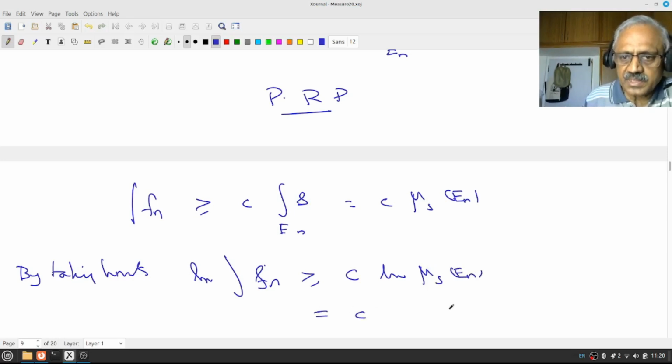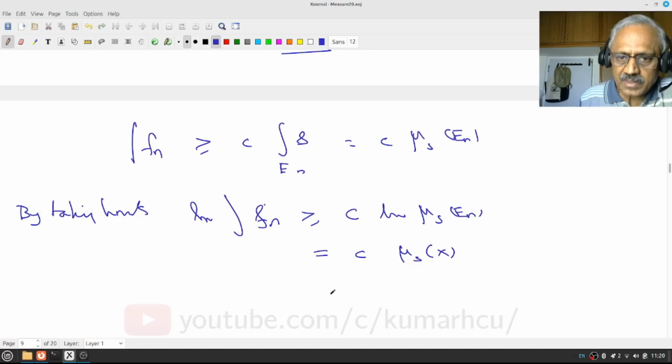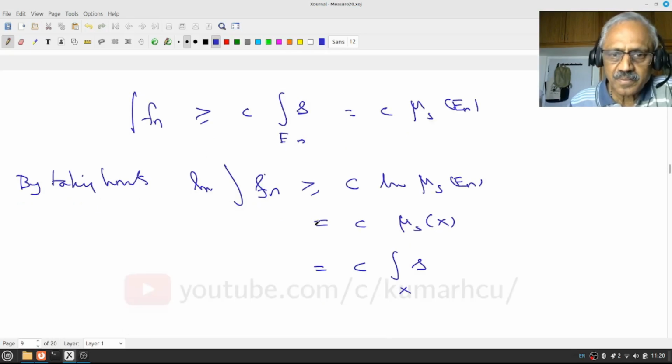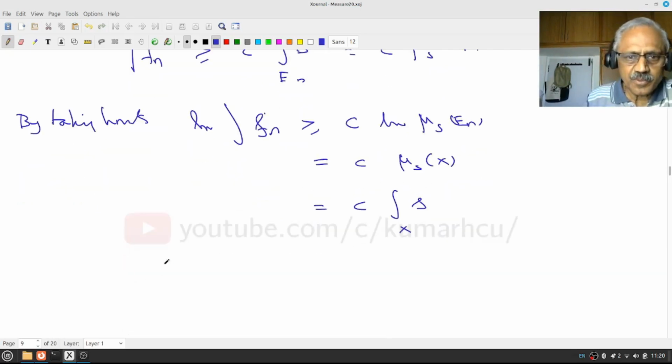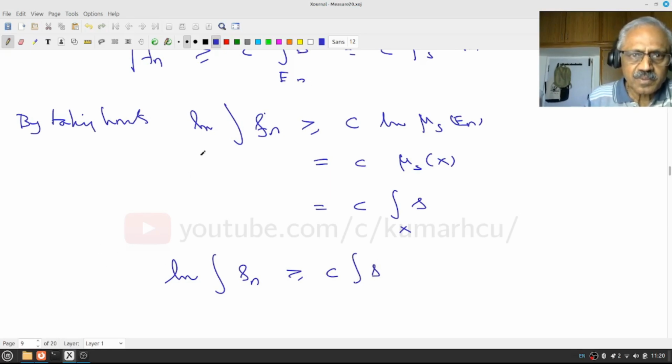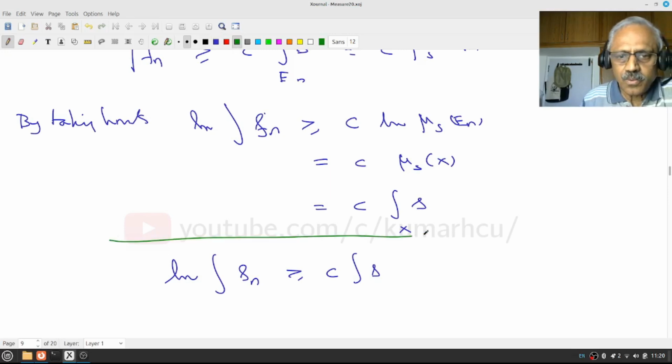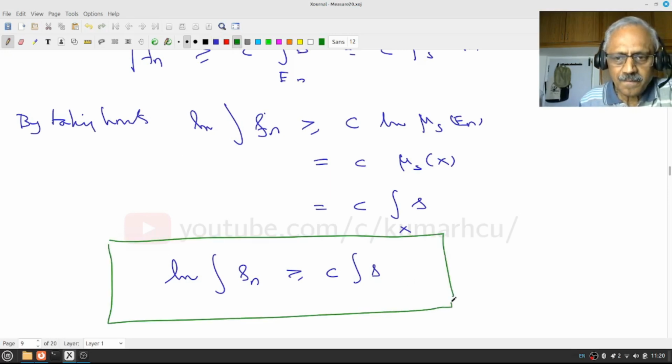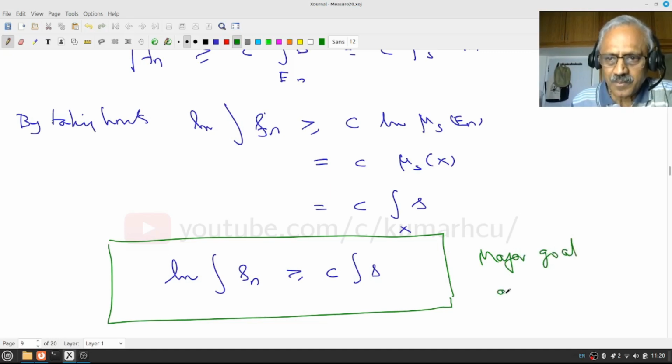But this is equal to c times mu s of X because En increases to X. But this by definition is c times the integral of s over X. Therefore, you have shown the limit of the integral of fn is greater than or equal to c times the integral of s. Wow. Major goal achieved. The tricky part is achieved already.